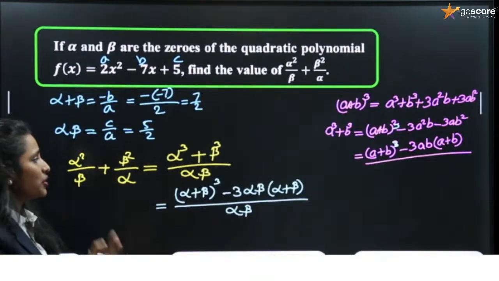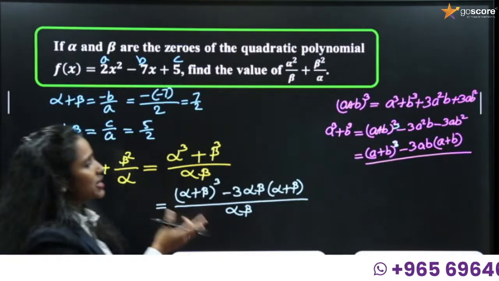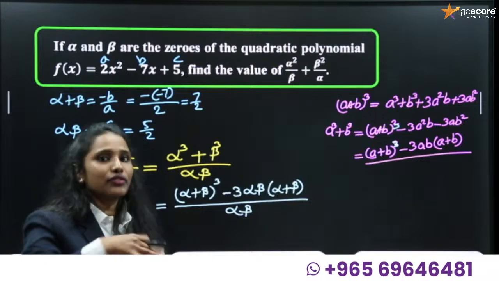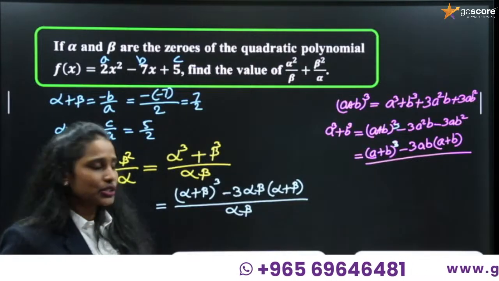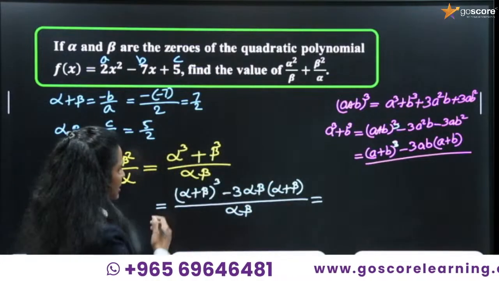You have to know how we can transform the given expression into the terms of alpha beta and alpha plus beta. Then only you can answer this question. Now this one I'm going to split this term.